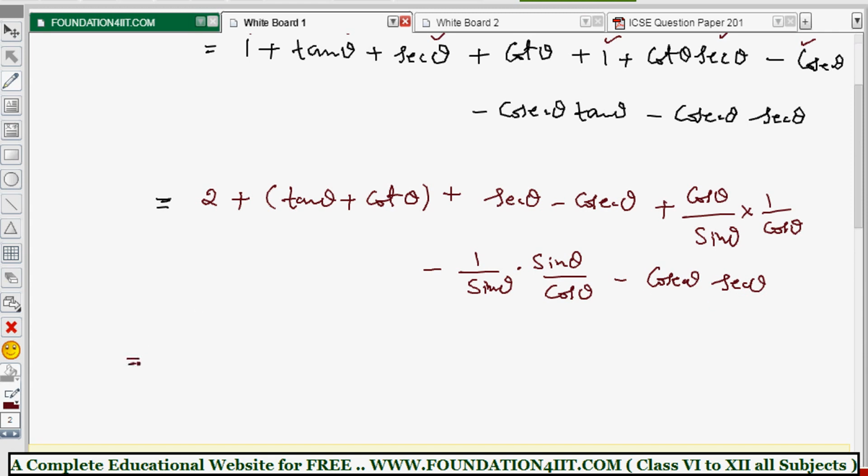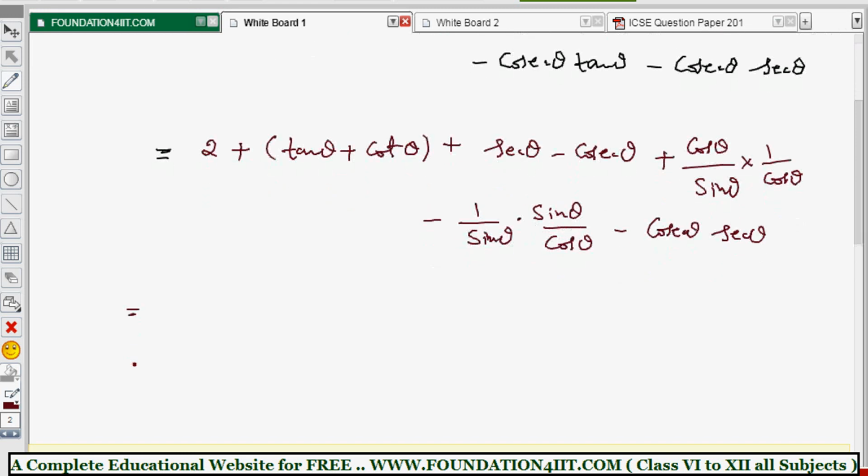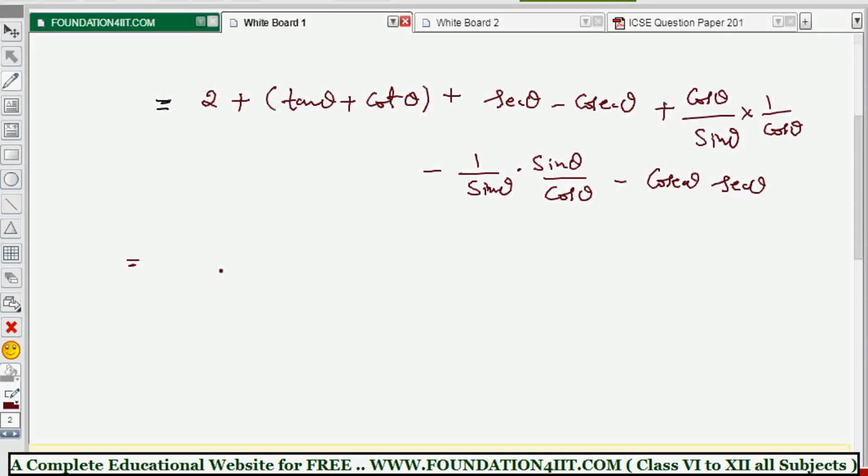Next step I can convert 1 by sin and 1 by cos. Now we will see here, even tan and cot also next step we convert into sin and cos.